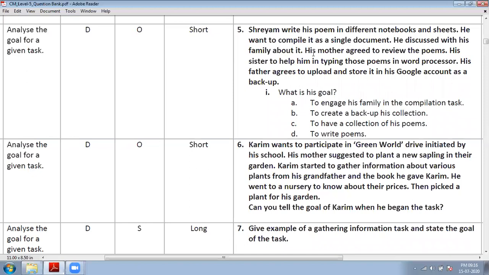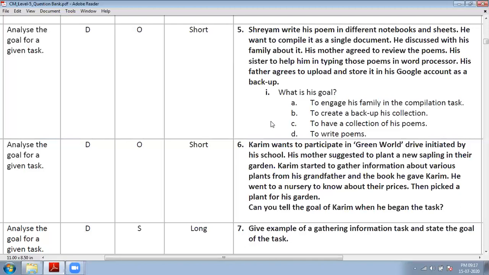His mother agreed to review the poems, his sister to help him in typing those poems in a word processor, and his father agreed to upload and store it in his Google account as a backup. Now, what is his goal? As per the story, what exactly does Sriram want to do?